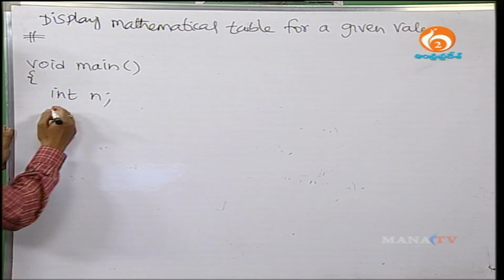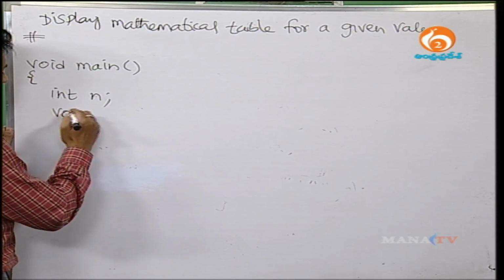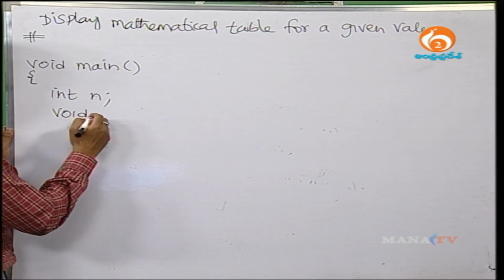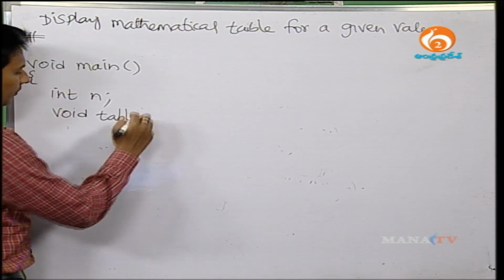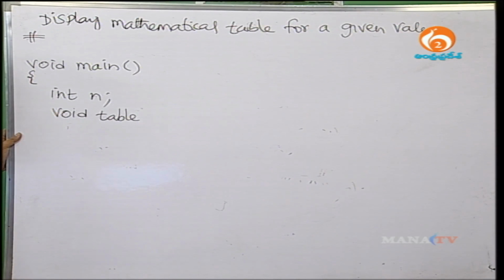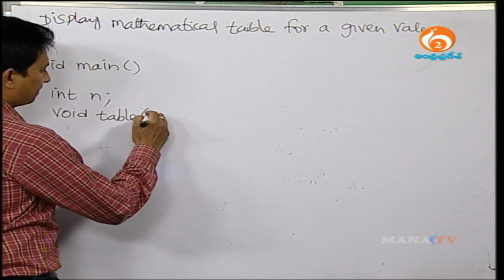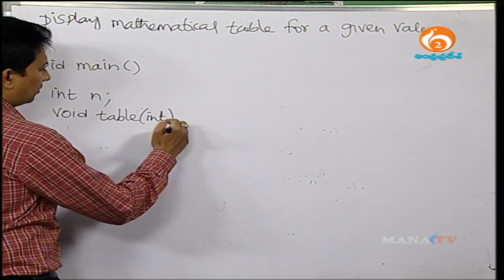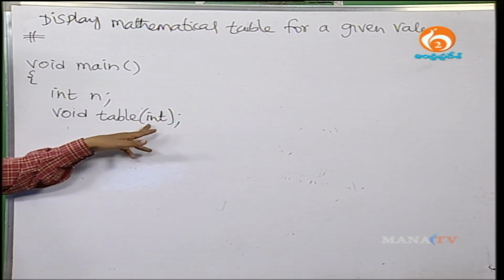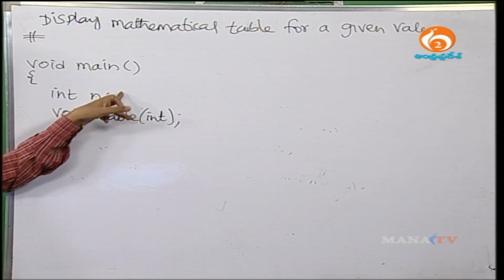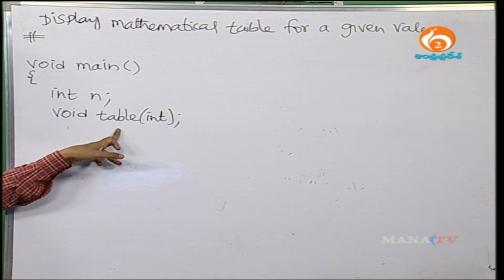Next, void, the user-defined function name table, int semicolon. This is nothing but a function declaration. The earlier one is the variable declaration, and this is the function declaration.